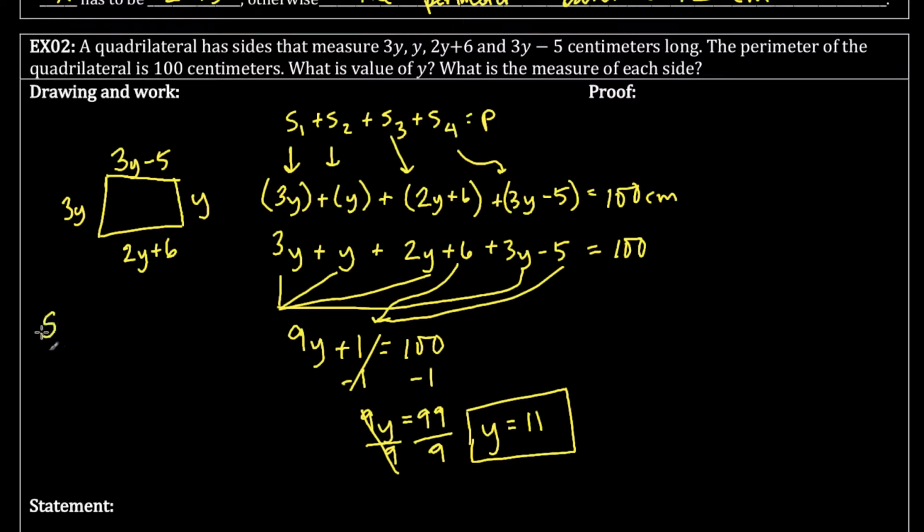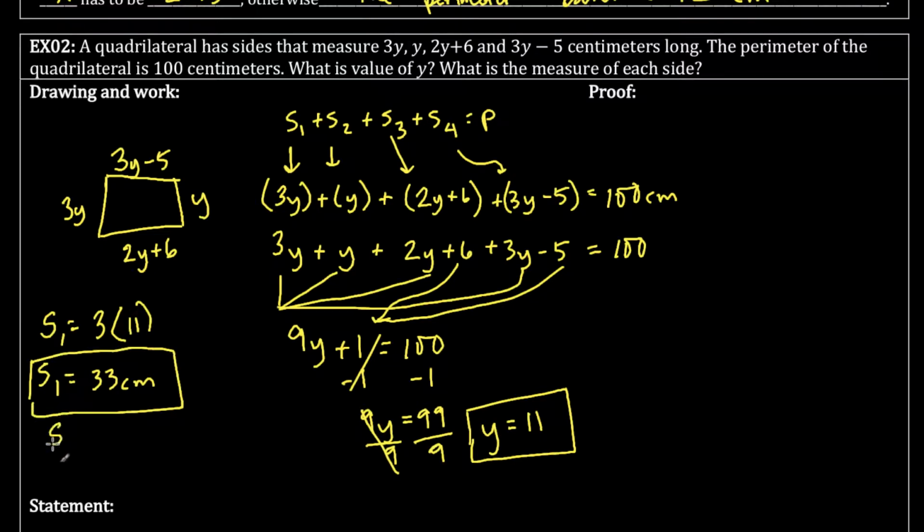So side 1, instead of writing out 3y, I'm just going to write out 3 times 11 because y was 11. So side 1 is 33 centimeters. Side 2 is just y. Y is 11, so side 2 is just 11 centimeters.